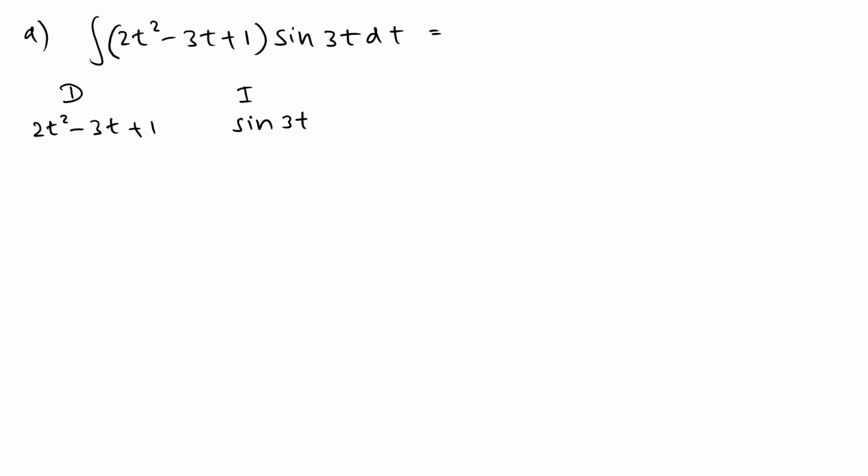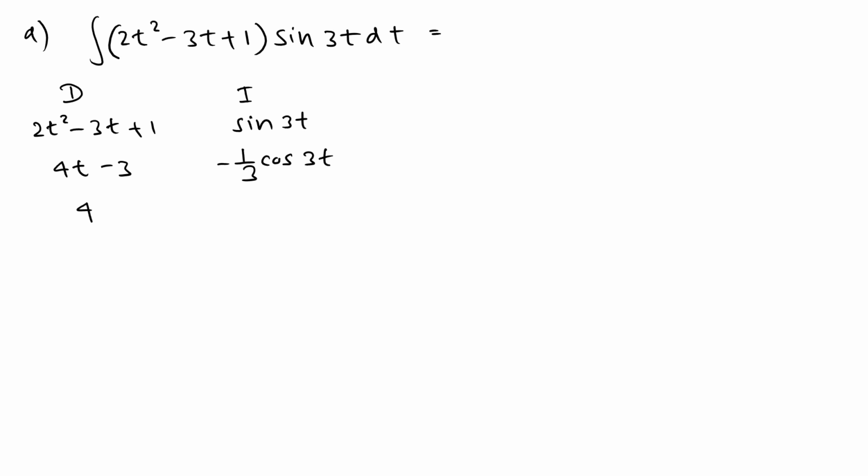Good. So now take the derivative of the first one. You're going to get 4t minus 3. You can integrate, so negative 1/3 cosine 3t, because we know that the sine integral is negative cosine, but when you have a constant, you divide by the constant. Okay, now take the derivative again. So it is 4.